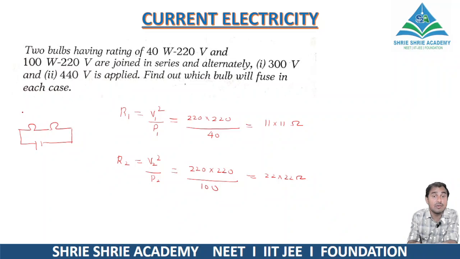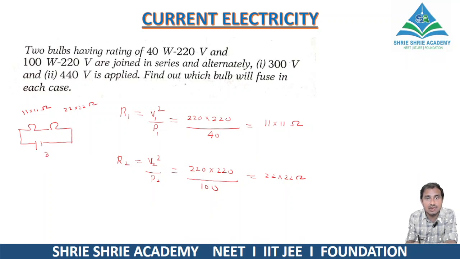The first bulb has resistance 11 into 11, the second bulb 22 into 22, and the supply voltage you are giving right now is 300 volt.